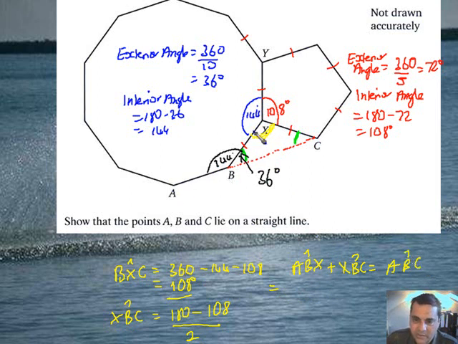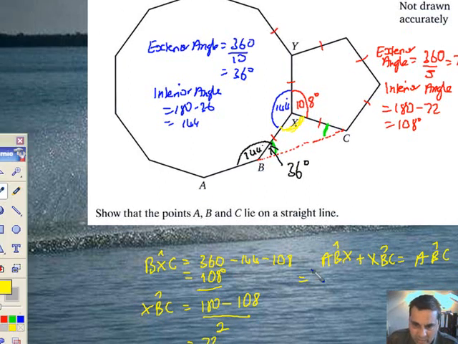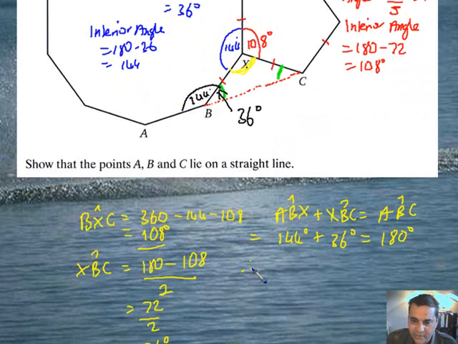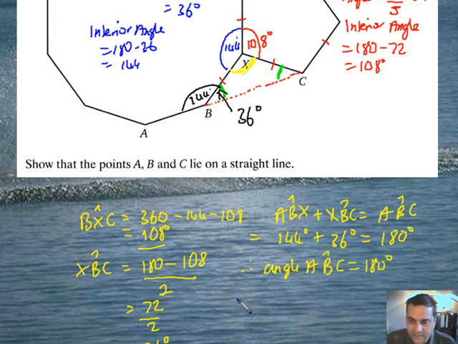Is that alright? So this angle plus this angle makes that angle. In other words, that one across there. So what have we got? I've got 144 degrees and I've got 36 degrees. That comes to 180 degrees. Therefore, angle ABC equals 180 degrees.